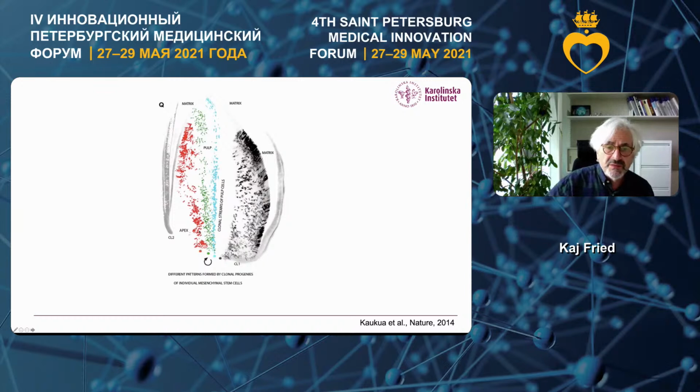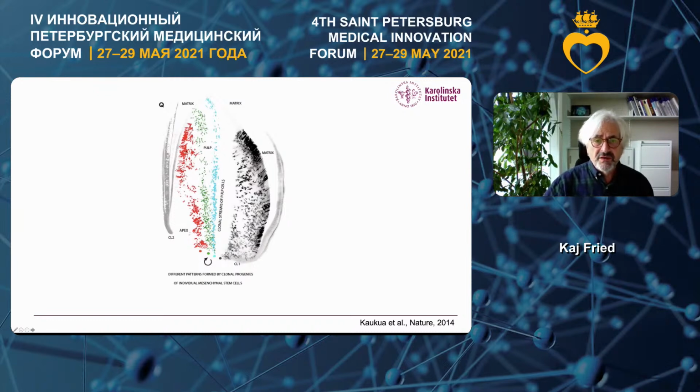So we can see in red here some cells that go, and some of them will produce pulp cells within the tooth, and some of them will actually be these dentin-forming odontoblasts along the wall here. And it seems that the vicinity, the closeness to the wall of the tooth here will actually decide whether one of these Schwann stem cell progenies will form these dentin-producing cells, or if they will become mesenchymal cells within the so-called pulp, the soft tissue here.